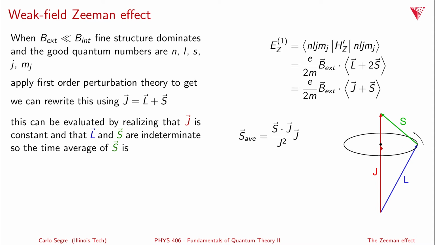The part that's along J stays constant. So we're basically calculating the average value of S as being the part that's along J. And we've written it as a vector because we have this scalar product here, and then we have multiplied times a vector, and then we normalize out the magnitude of J.